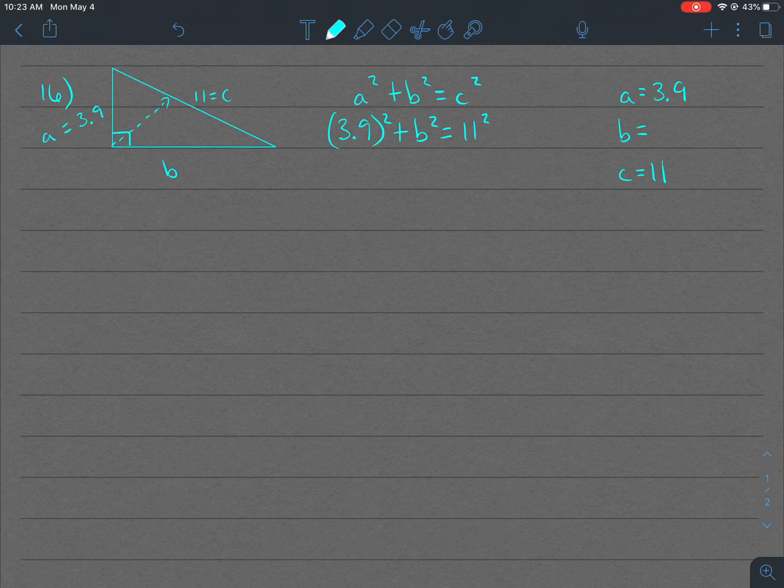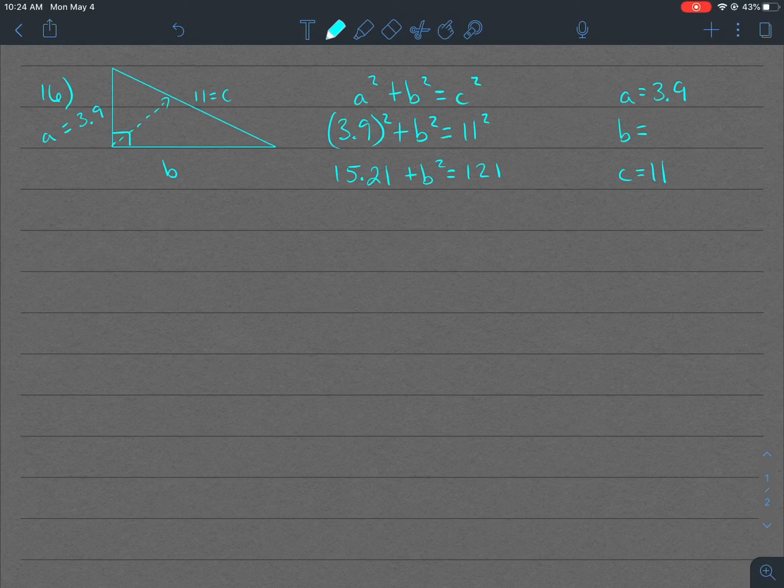What's c? C is 11. 11 squared. Now the reason why I put parentheses around the 3.9 is because it's a decimal. Okay, if it's not a decimal, there's no need for parentheses. Okay, so if you do 3.9 times 3.9 in your calculator, you're going to get 15.21. And you bring down your plus b squared, and it equals 11 squared. Well, 11 squared is 121.